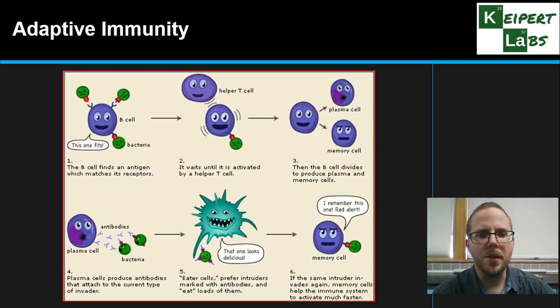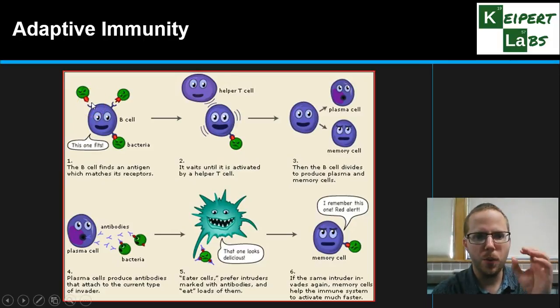Now let's just quickly go over how these cells develop. We have what's called a B cell, which identifies certain triggers or markers on the outside of the bacteria, which starts the process of making antibodies. So it identifies that these are the enemy, it gets activated, and then it divides into a plasma cell and a memory cell.